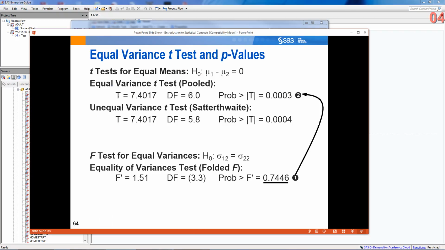Okay, now the test data, for example, for this data, the equality of variance test gives F prime, the folded F of the variance, as 1.51, and the probability of finding F greater than 1.51 is 0.74.